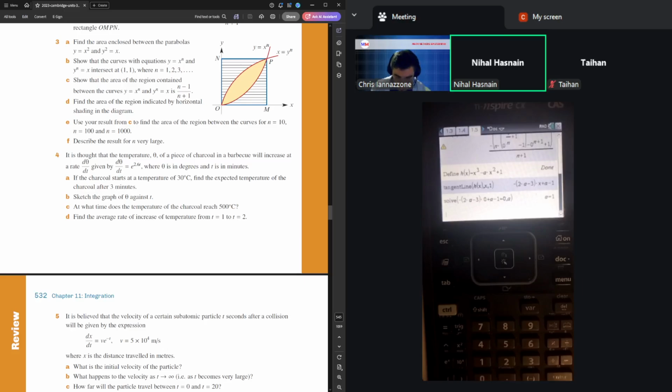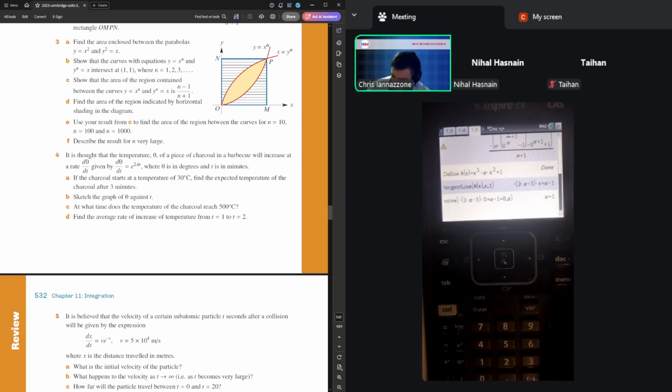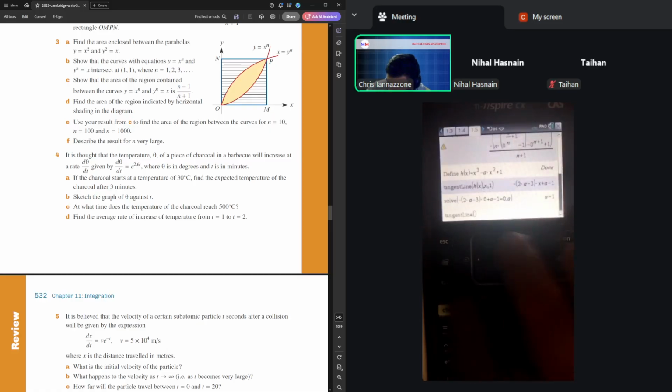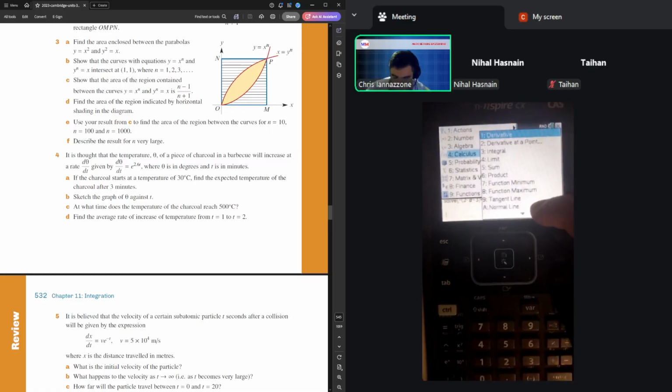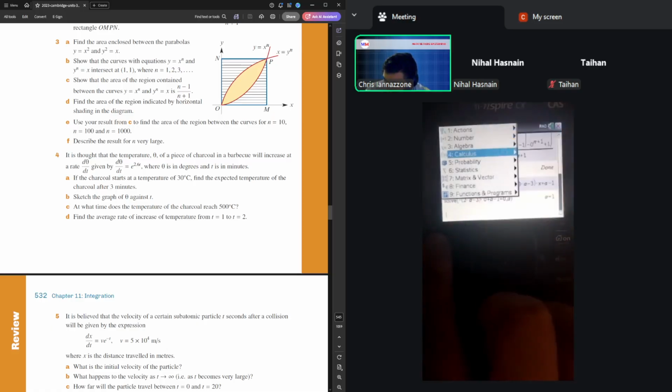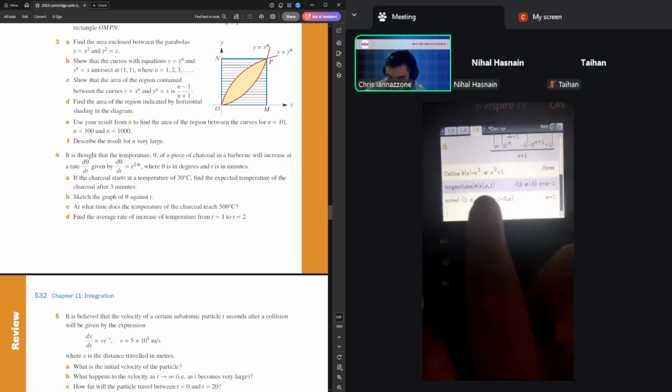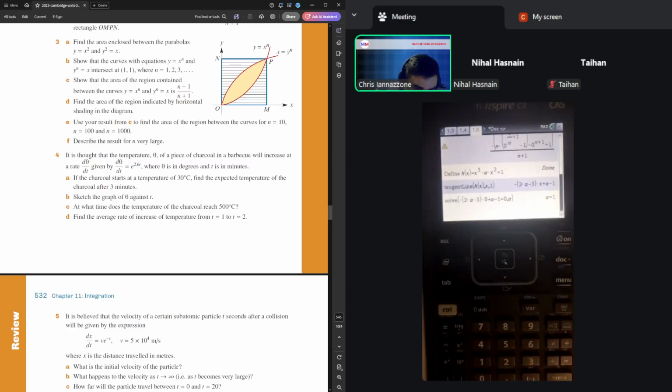How do you use the tangent line function? Yeah, so that's just in the calculus menu. Calculus menu, tangent line, and the syntax is function, comma, x, comma, where you want to take your tangent line at. What's the second value for? Good question, actually. I don't really know why it's there.